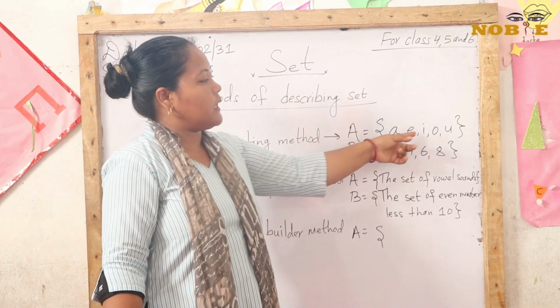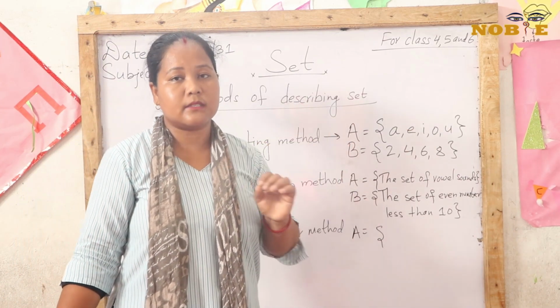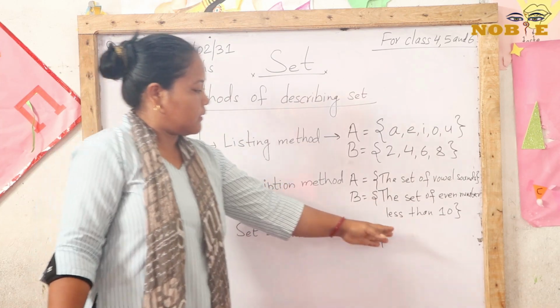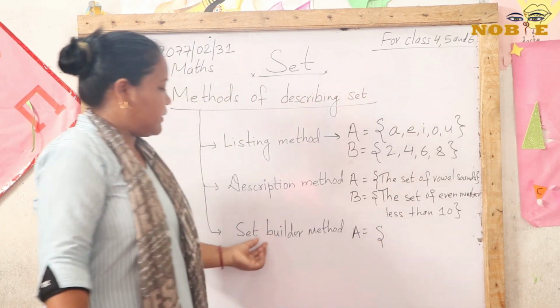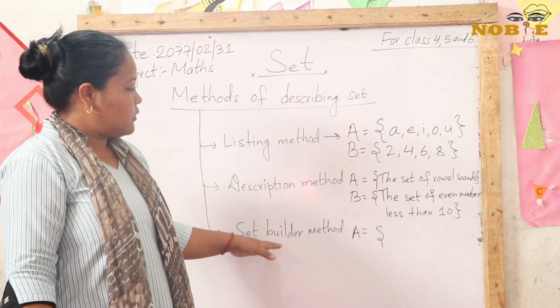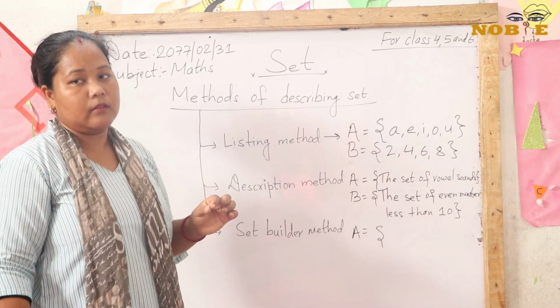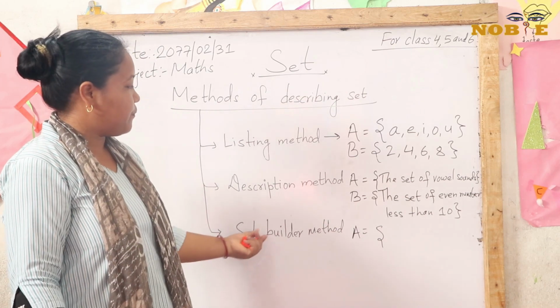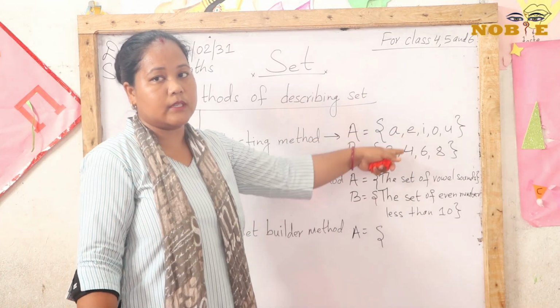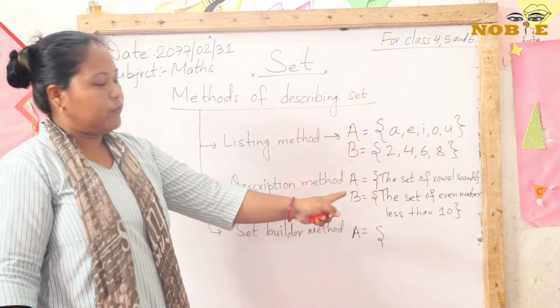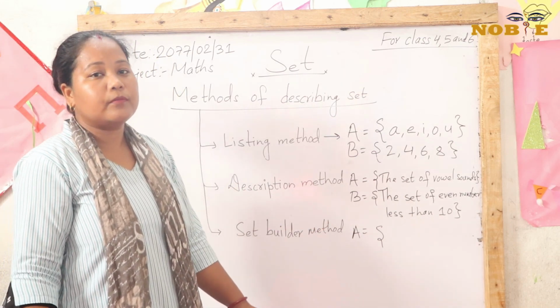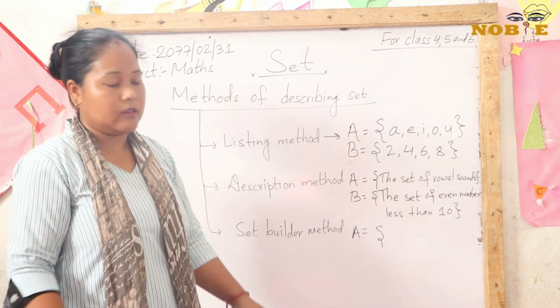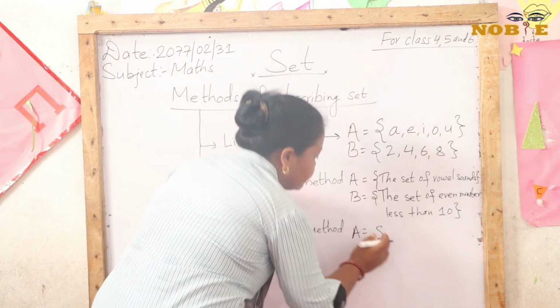We do not write A, E, I, O, U, all the elements. We use a single variable, X, Y, Z, to describe the elements of the set, and we write the property of those elements. And how to write?